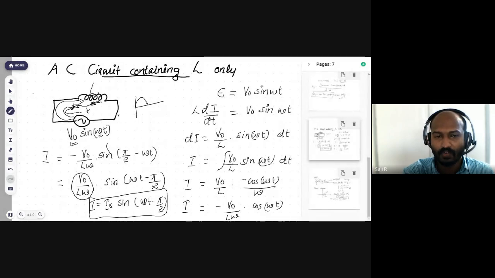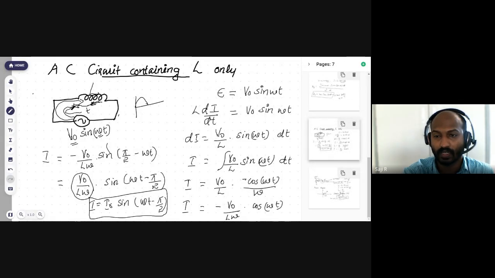Then when a voltage V0 sin omega t is applied, the phase of voltage is omega t, and the current we get is I equal to I0 sin(omega t minus pi by 2). That equation is important. Therefore, the phase of the current is omega t minus pi by 2.